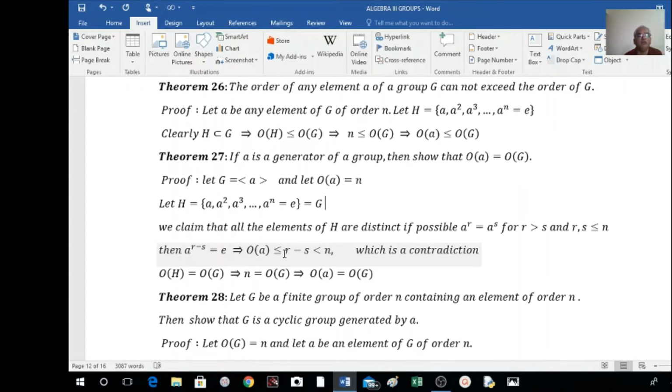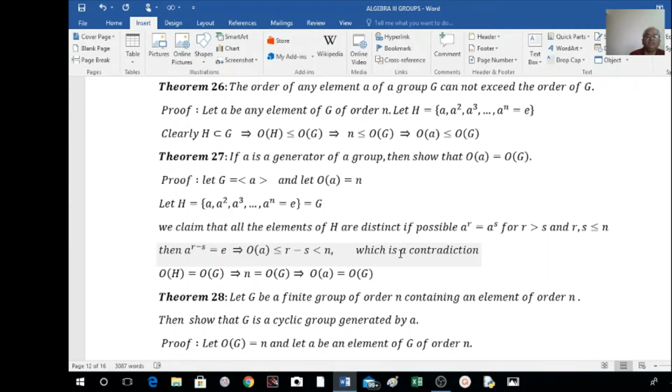Okay. We have two results. One is that order of A is less than or equal to this number, and one more thing is that order of A divides this. Here I am taking order of A less than or equal to R minus S, and R and S are less than or equal to n, therefore their difference must be less than n.